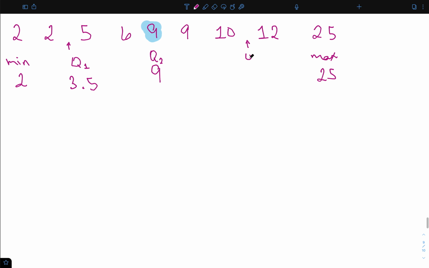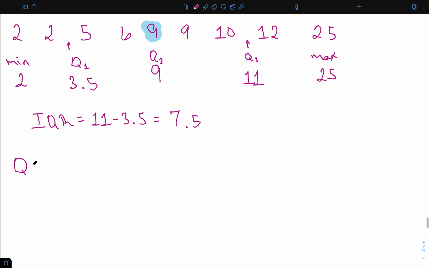And Q3 is halfway between 10 and 12, or 11. We then find our interquartile range. This is 11 minus 3.5, which gives us 7.5.